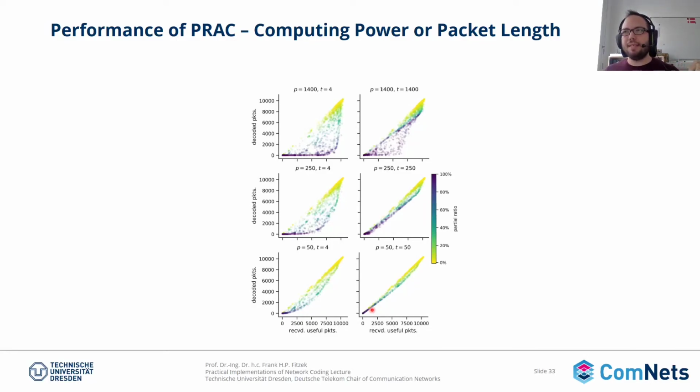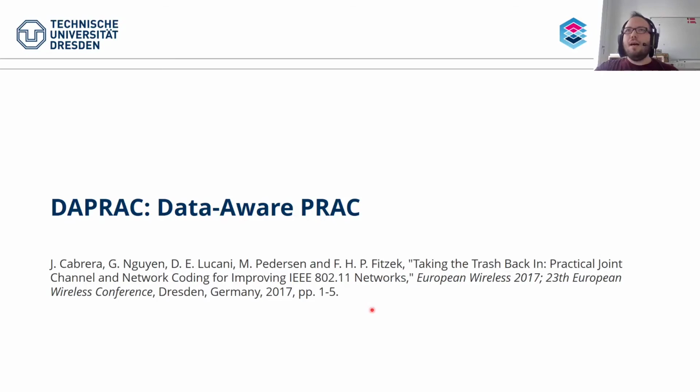Depending on how many errors you have, or how busy the medium is, sometimes it might be faster to use computational power and correct the packets than to wait for retransmissions. So that's the benefit of using PRAC, right? Basically, we do not want to discard a whole packet based on a few bit errors in that packet.